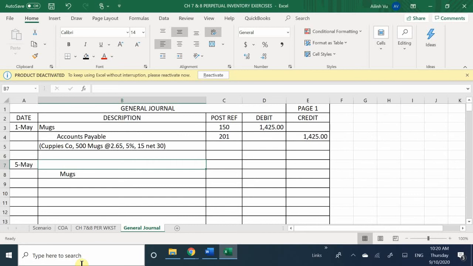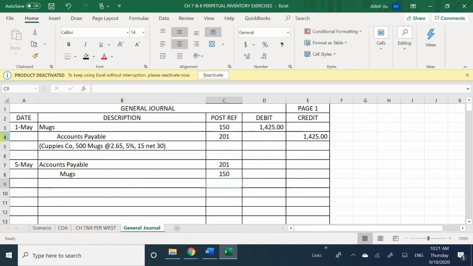We're reducing how much we owe because they're essentially getting our money back. So yes, it's an accounts payable, decreasing the amount that we owe. And we can just copy the information from above without having to look it up.